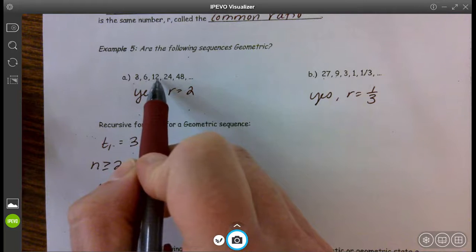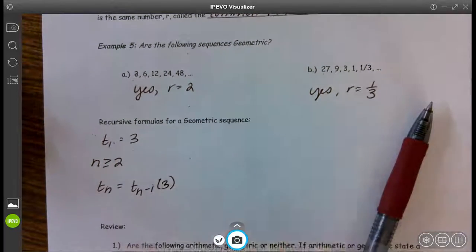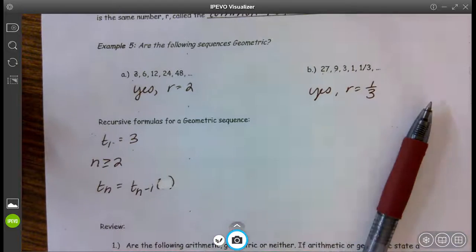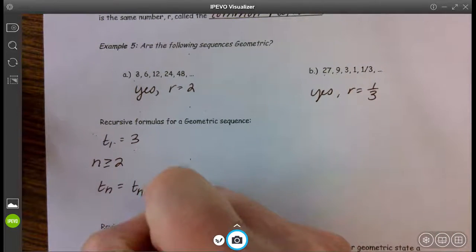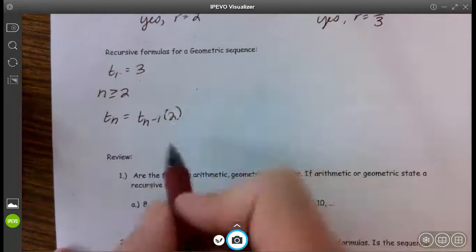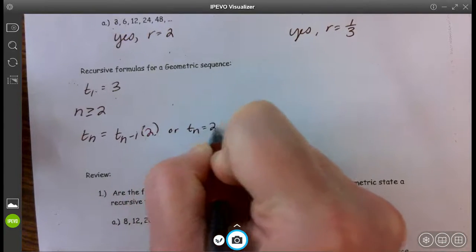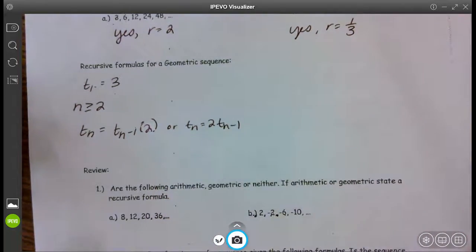To find your third term, you had to take 6 and multiply it by 2. To find your fourth term, you had to take your previous term and multiply it by 2. So you could write it like this, or you could say 2 times your previous term.